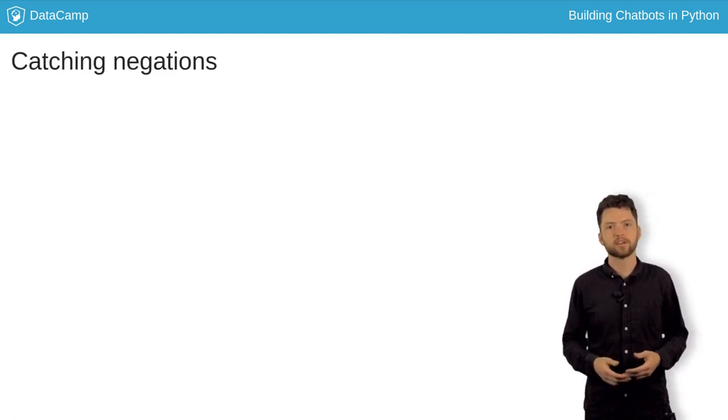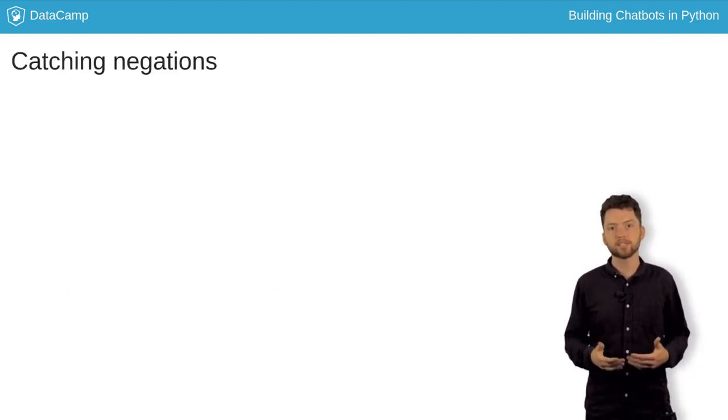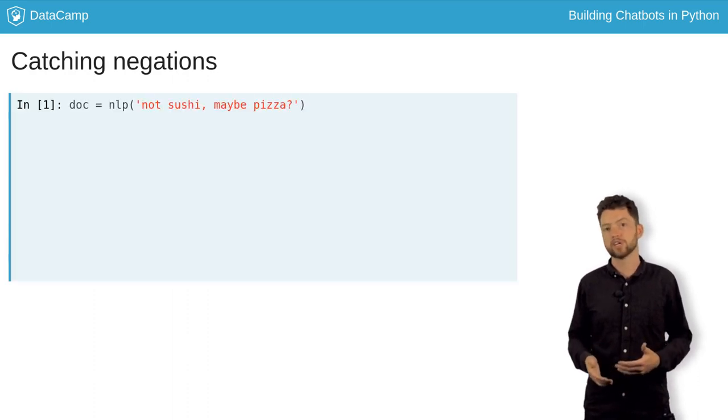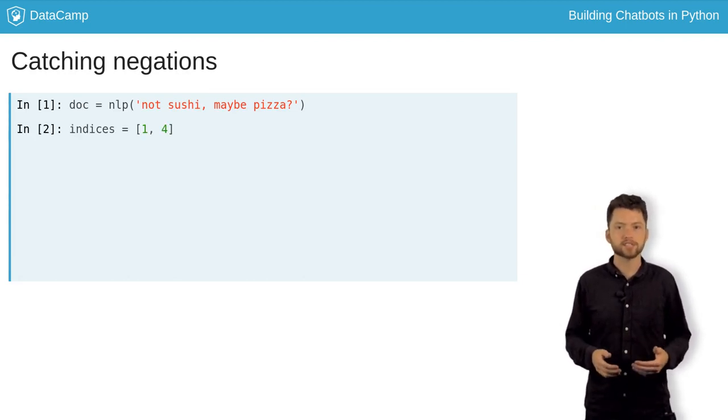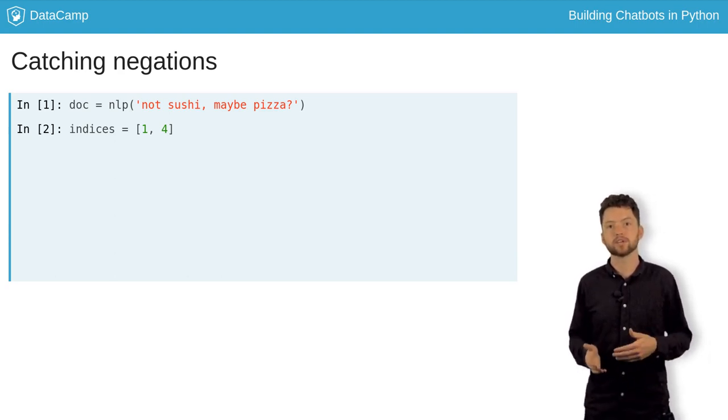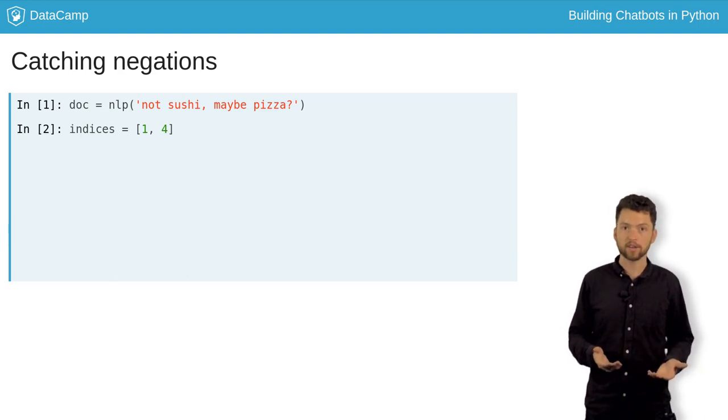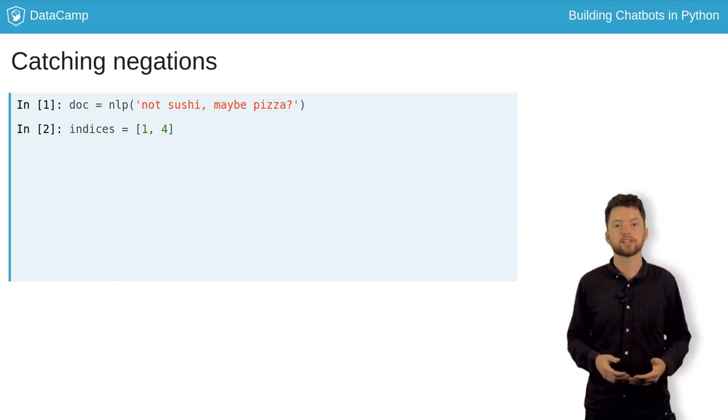Here's an example. We start by creating a spaCy document from the phrase "not sushi, maybe pizza." We create a list called indices, which contains the index of the tokens that correspond to the entities. In this case, sushi is the second token in the document and has index 1 because lists are 0 indexed.